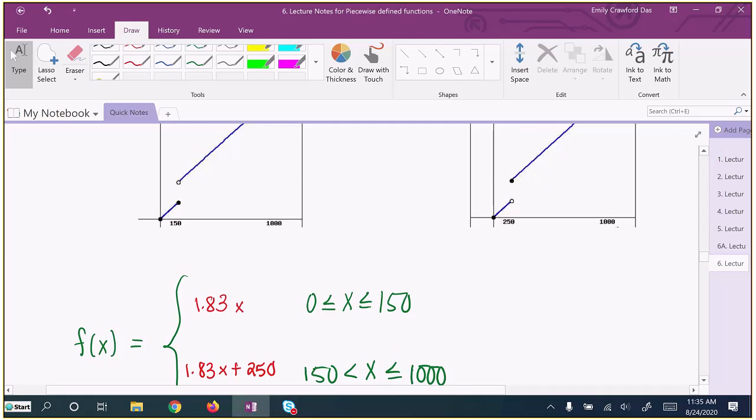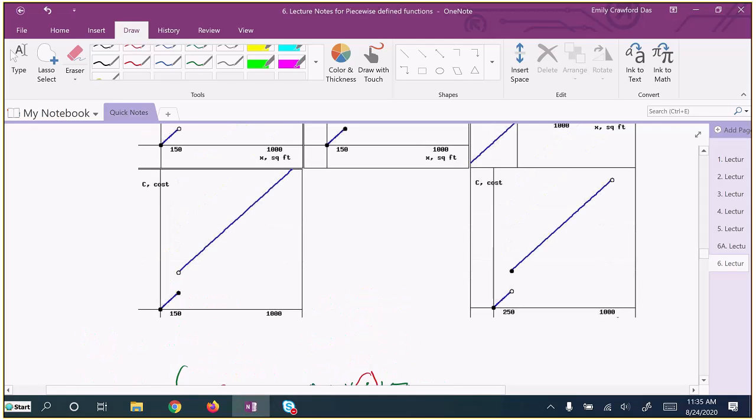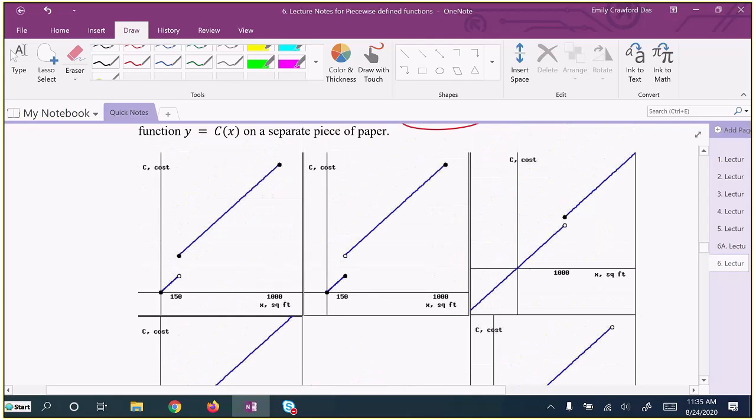So I know that my domain is from 0 to 1,000 and that I'm changing the rule of the function at 150, with 150 included here in the numbers that don't require the fee. So let's look at the pictures. We have different situations.